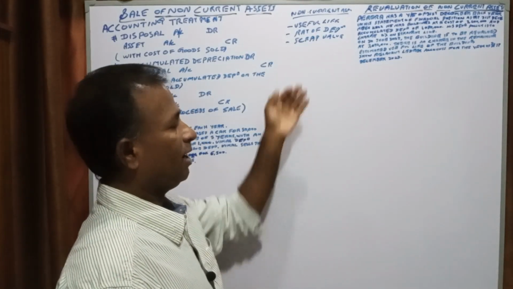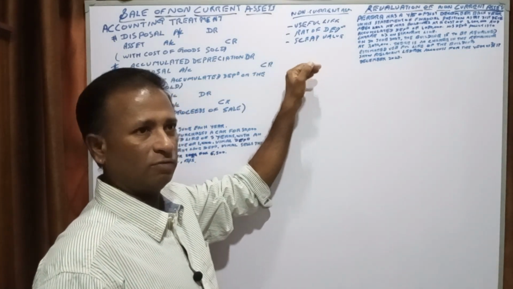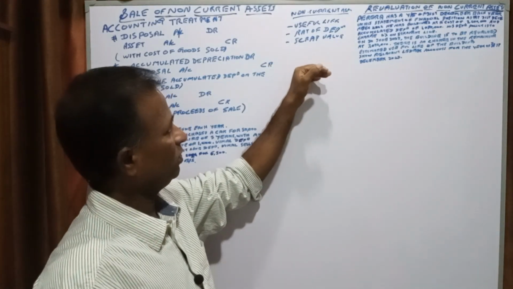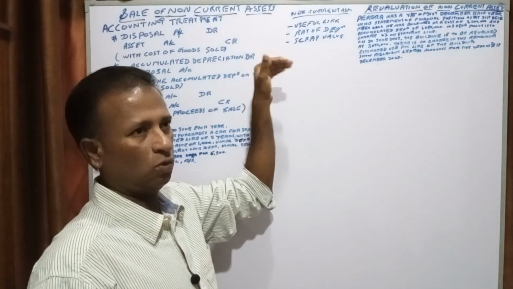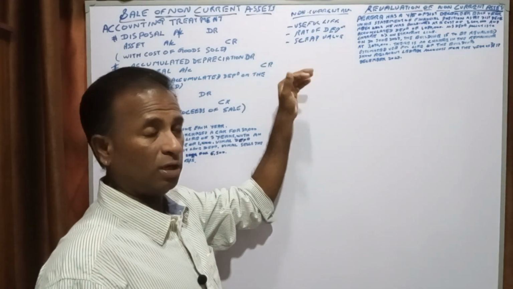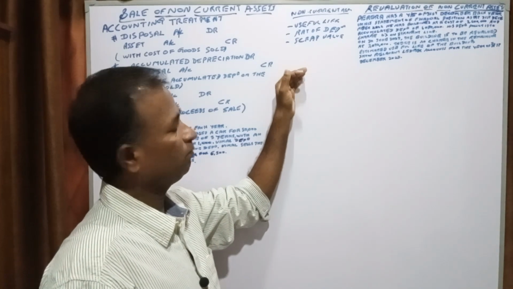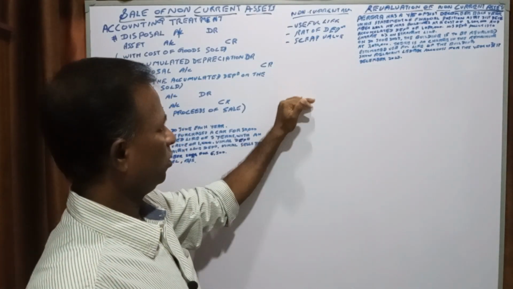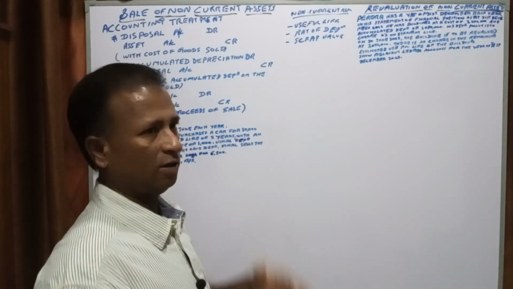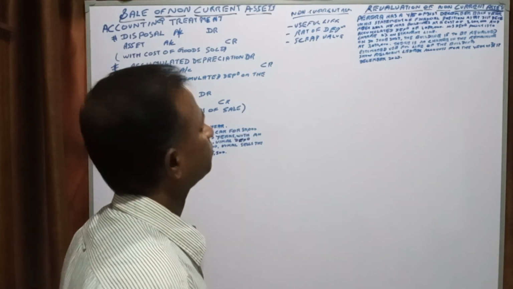Land and building: land won't have a scrap value. The value of land always increases. But a building has a depreciation value because the useful life of a building will decrease.